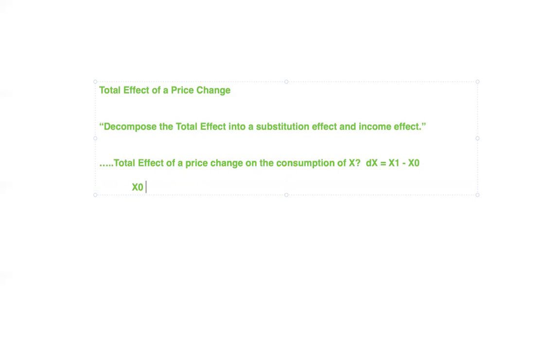So like in our example, X0 we said was the initial level of taco consumption at the price PX equal to 13. And then we went to X1, which I don't remember exactly, but it's like 18.04 tacos at the new price PX of 4.